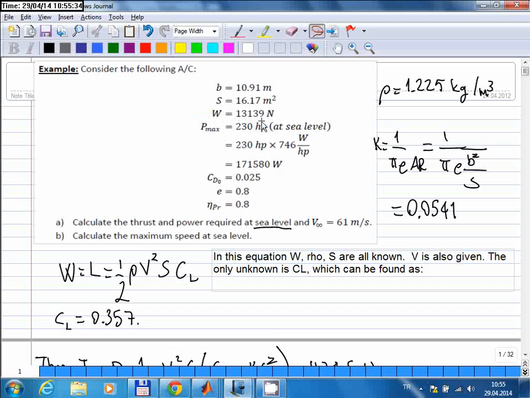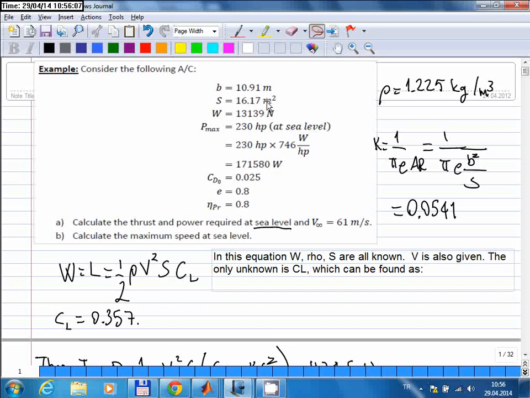As we just said, available power and thrust depend on altitude. So whenever you see a number, numbers are almost always given for sea level. Most of the time you don't see that explicitly stated that the value is valid for sea level, but you can assume that it is valid for sea level only. So this aircraft is given to have a 230 horsepower engine at sea level, and horsepower is the unit of power, just like watt.